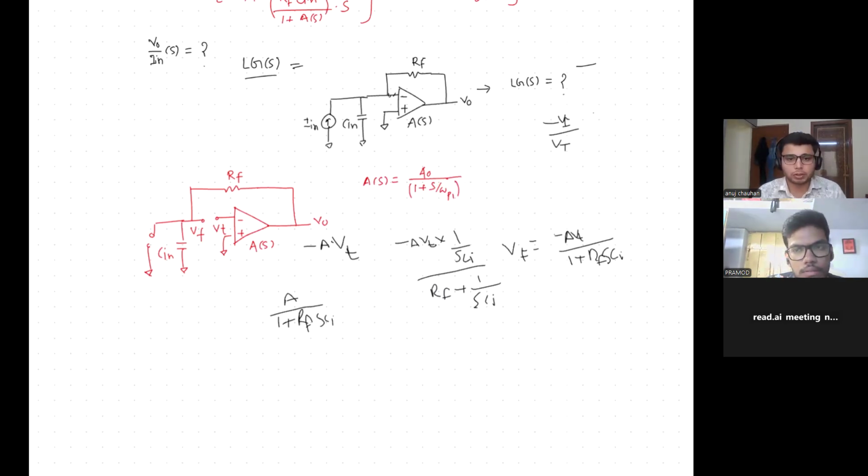So what are the poles and zeros now? One pole is at minus 1 by RF into C in. Other pole? Where is the other pole? Why are you not looking at this A of s?